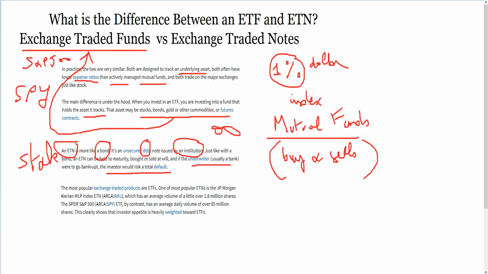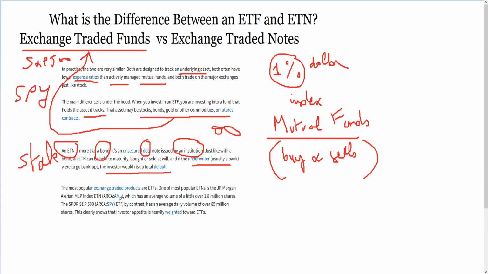The ETF is very simple. It just tracks stocks or bonds or gold, so it will never collapse. But with the ETN, there is a danger of collapsing. The most popular exchange traded products are ETFs. When you go online, you will find thousands and thousands of ETFs. One of the most popular ETNs is the JP Morgan Alerian MLP Index ETN, called AMJ.